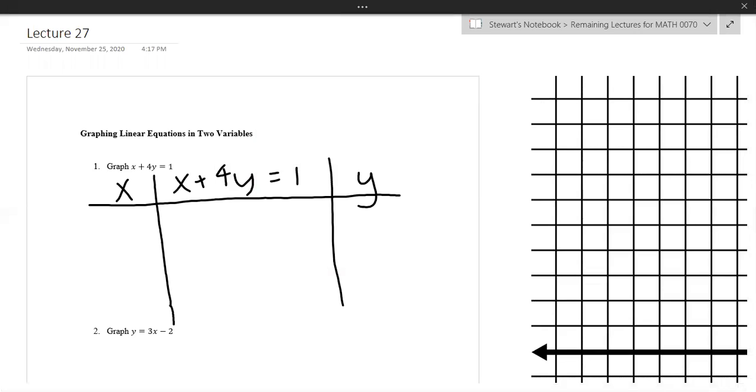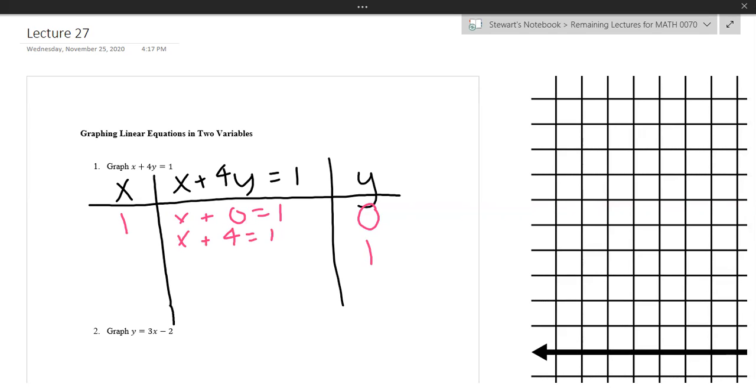So one thing that's pretty standard is to start with 0. Then if we plug 0 in here, we're going to have x plus 4 times 0, which is 0, equals 1. So x equals 1. And then if y equals, say, 1, we have x plus 4 times 1, which is 4, equals 1.